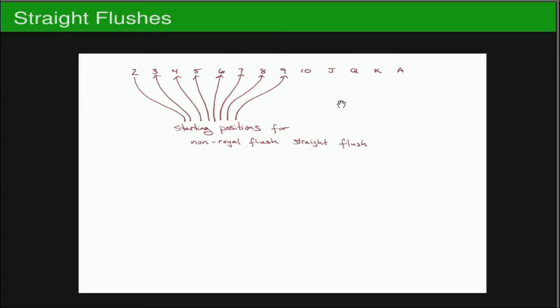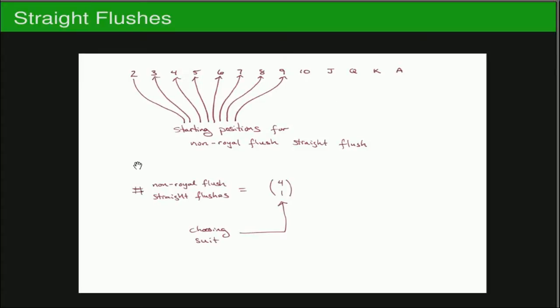The lowest card in the hand could be either a 2, a 3, a 4, 5, 6, 7, an 8, or a 9. If we had a 10 as the lowest card, now we're talking about a royal flush. So here we're looking at non-royal straight flushes, and these are the possible positions that we can have.